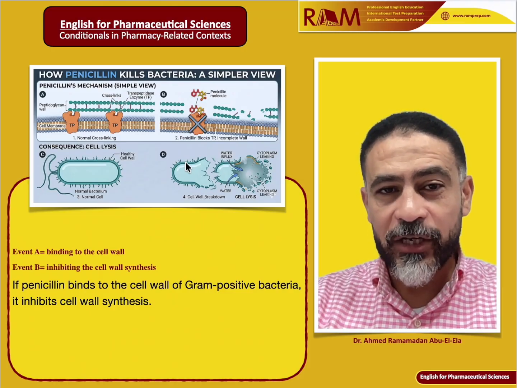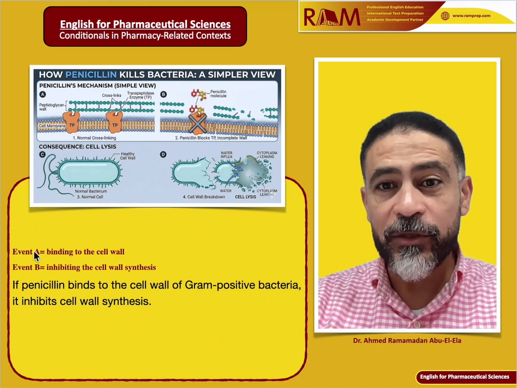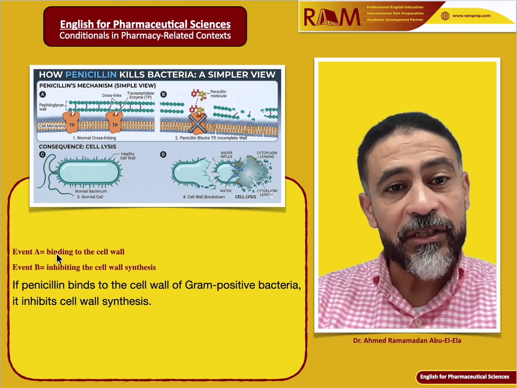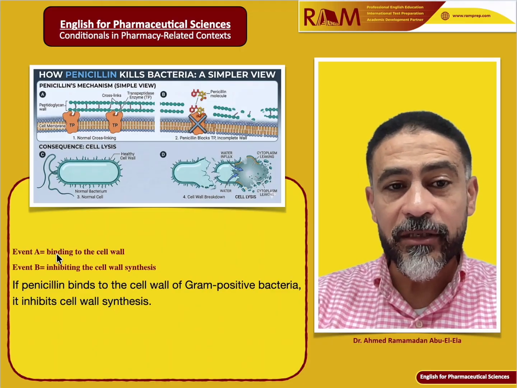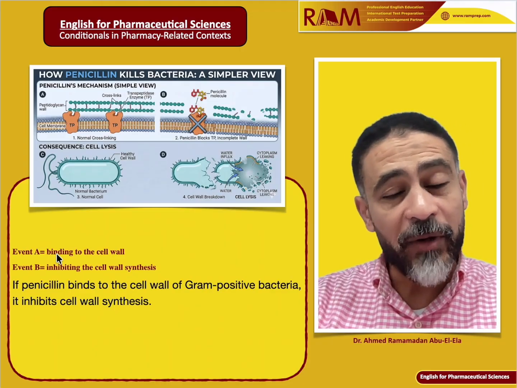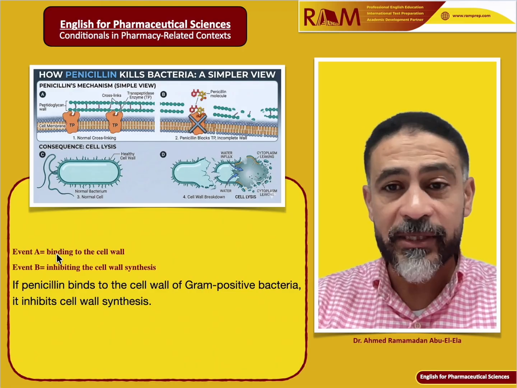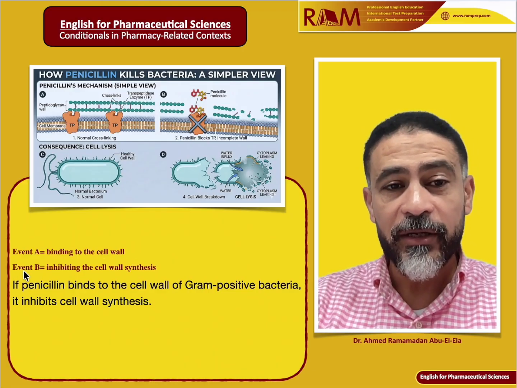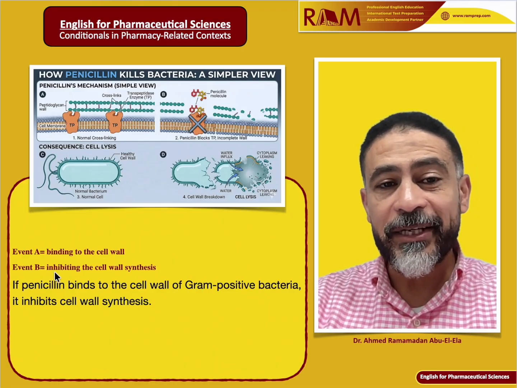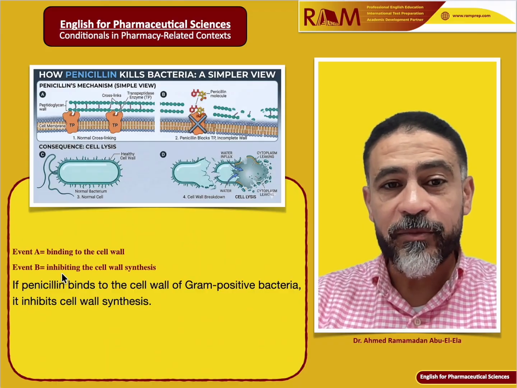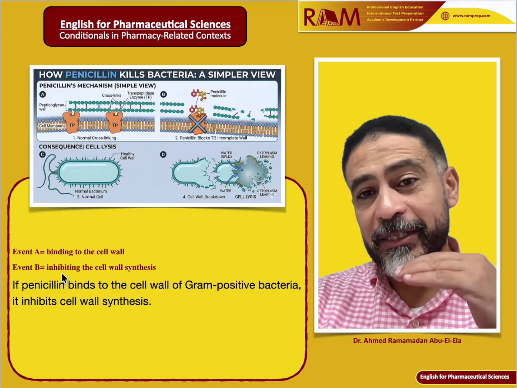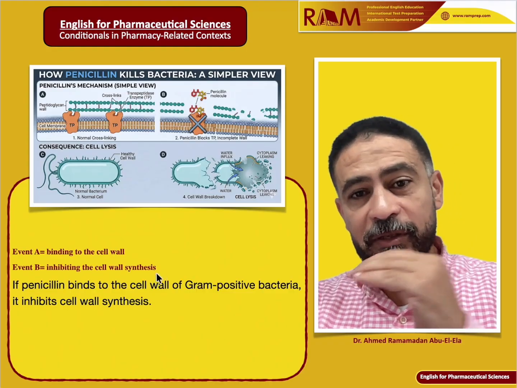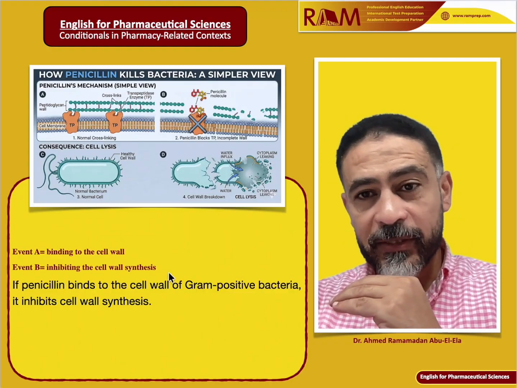So we can consider here two events. Event A, which is the cause, expresses that penicillin binds to the cell wall. Event B expresses how penicillin inhibits the cell wall synthesis, or inhibiting the cell wall synthesis.